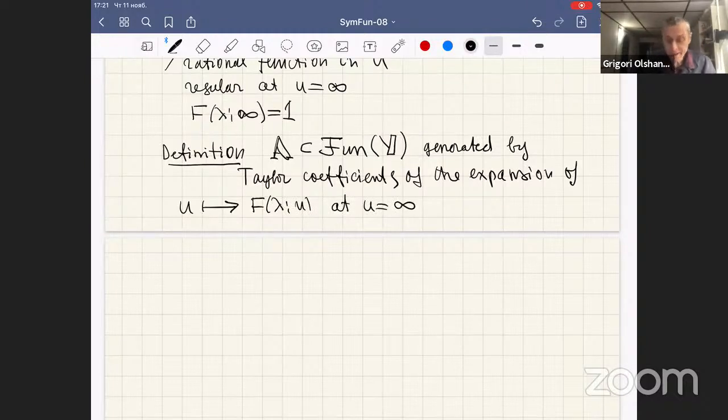It is more convenient to take the Taylor coefficients not of the function itself, but of its logarithm.